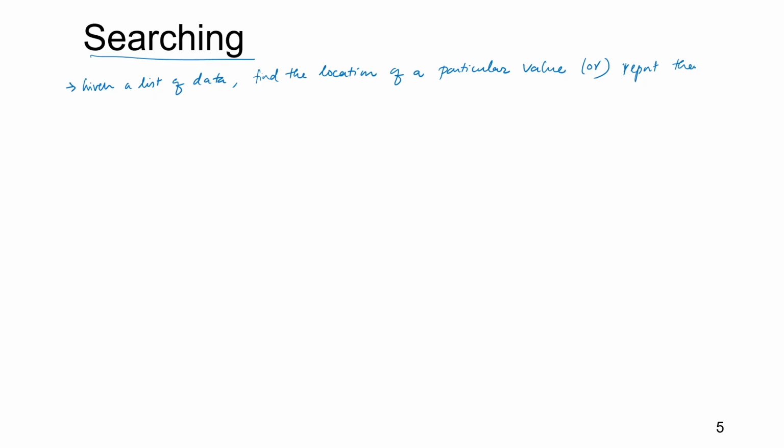Now, we go back to searching. In searching, you are given a list of data, and you find the location of a particular value, or if it is not there, report that the value is not present.